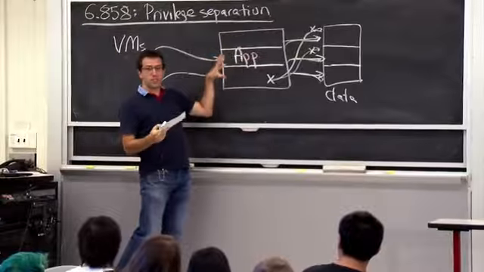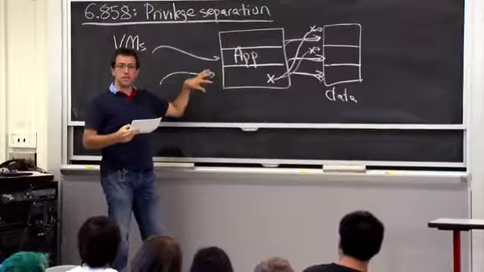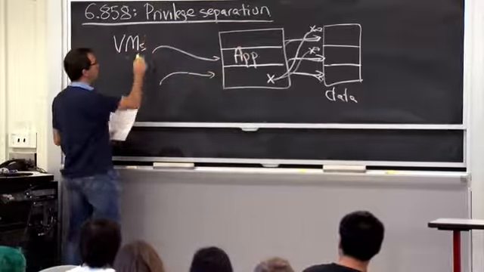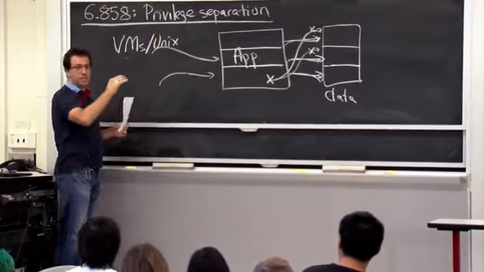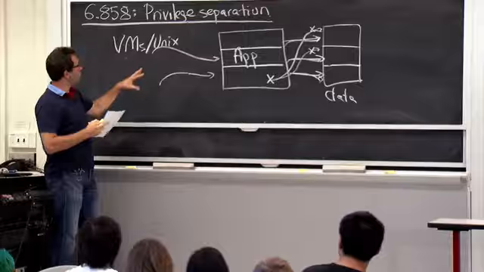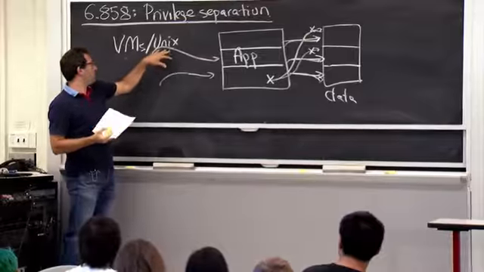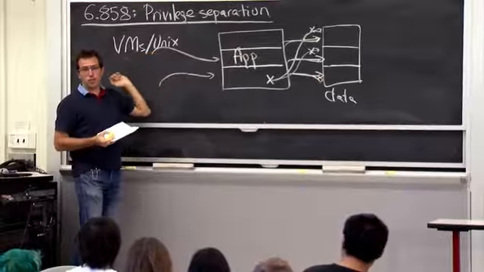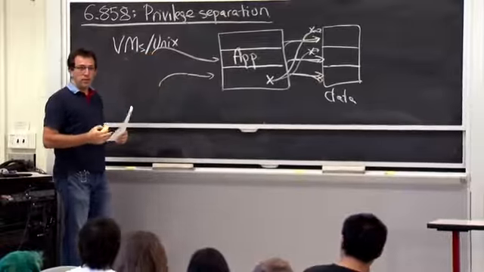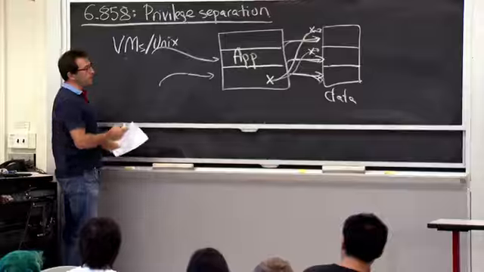So maybe you'll take your large system and break it up into a bunch of VMs for isolation. But you could also use Unix to actually perform this isolation, this slicing. And as we'll talk about in a second, Unix does provide you quite a number of mechanisms that OKWS does use to achieve privilege separation. And then many applications actually use privilege separation in practice.